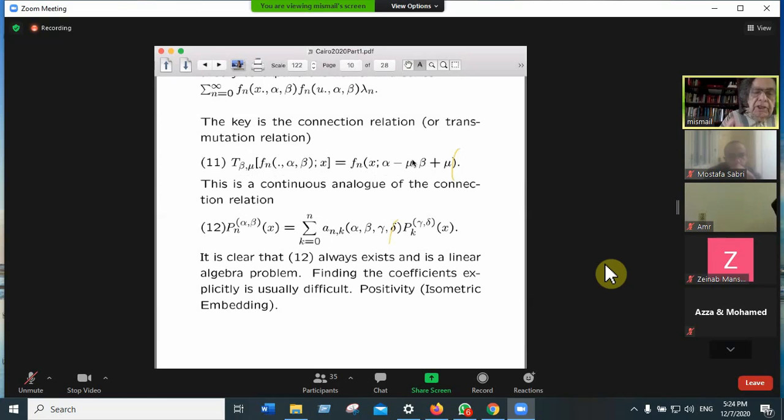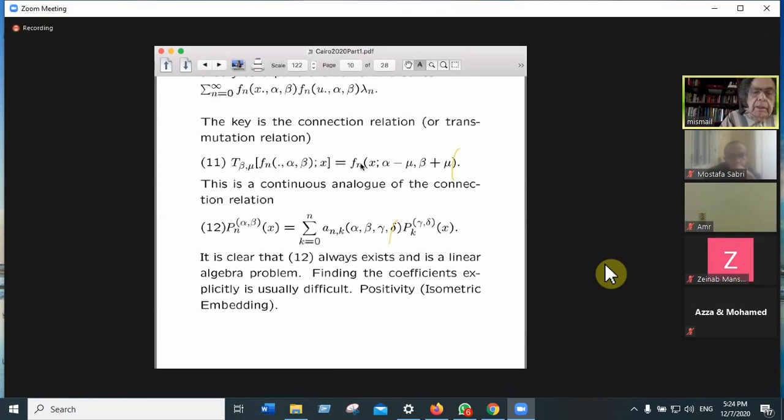Okay, what is this called? Well, this is sort of a relationship connecting a polynomial of degree n as an integral of the same family, another polynomial from the same family of the same degree. So this n is the same as this n.